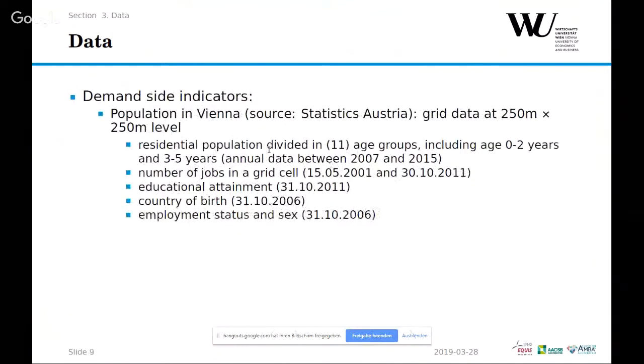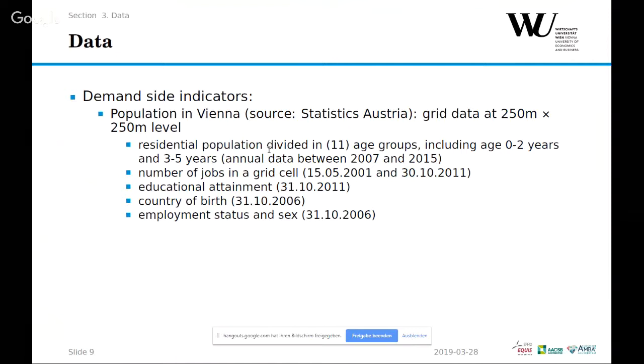On the demand side, we use population data that we got from the Austrian Statistical Office. And these are very small scaled grid data at the 250 times 250 meter level. And on that level, we know the people living in such a grid cell. We know the age of the people living in the grid cell, and we have some other control variables, such as the educational attainment of the population or their employment status.